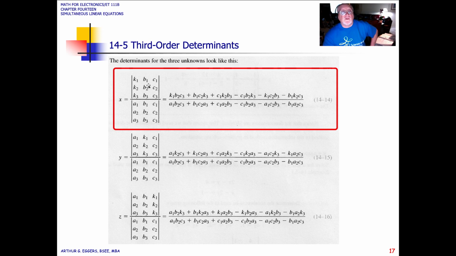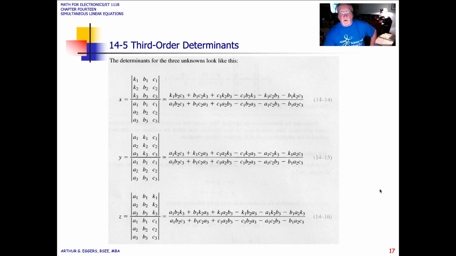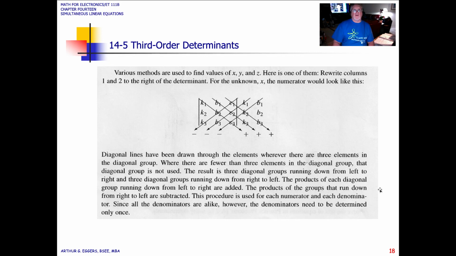You'll notice for the numerator then, it becomes the same thing. The center diagonal, K1, B2, C3, B1, C2, K3, and so on. So we're adding, subtracting. So we do that for each of our variables that we're solving for.